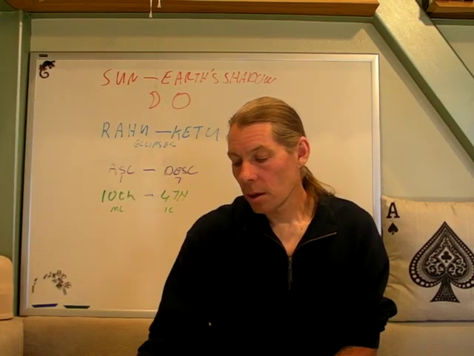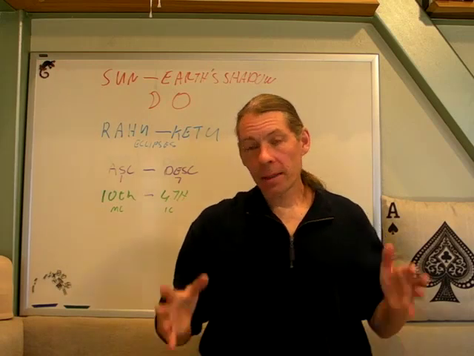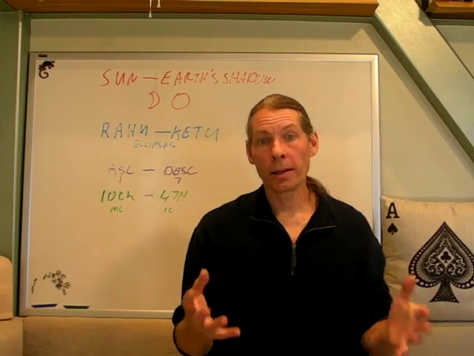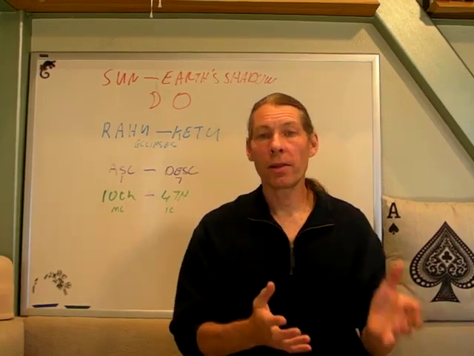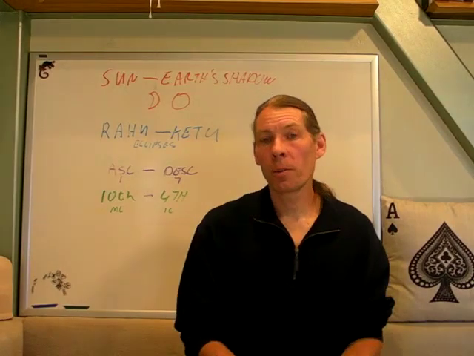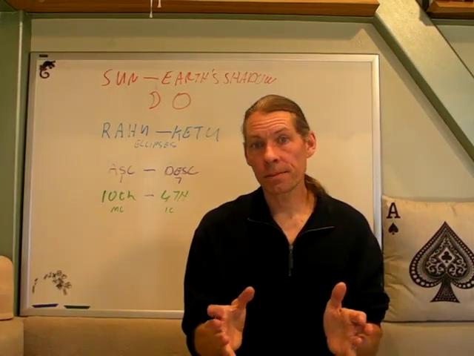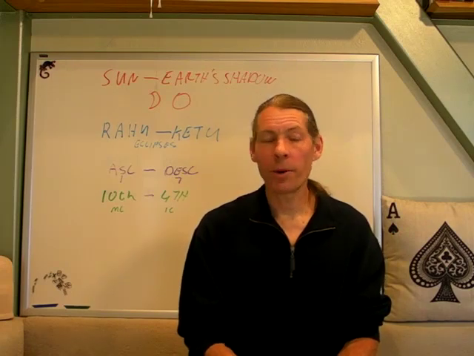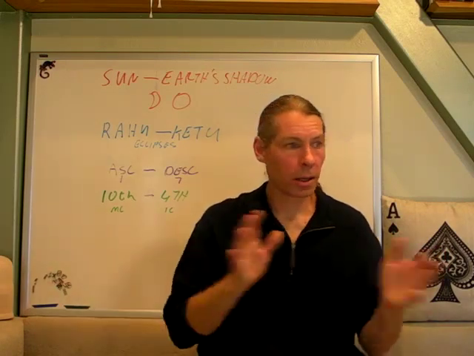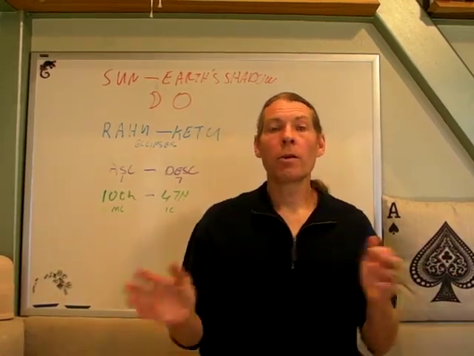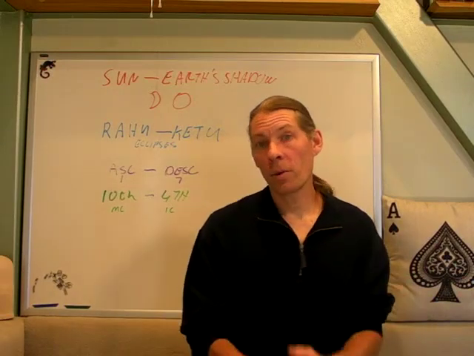All right, so we've got these 4 axes, 8 points that we want to look at together. Always use the pair, derive more meanings, get a fuller interpretation. Now, with astrology, we do this with Rahu and Ketu all the time. We never look at Rahu and Ketu without looking at the other one. Now we need to get in the habit of doing that with all the other 3 points.